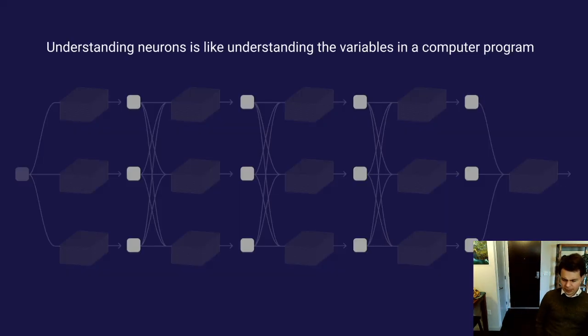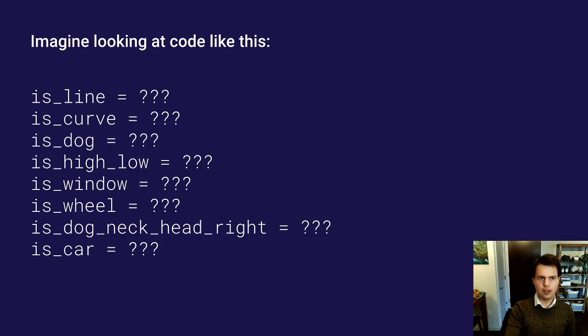And so when I think about this, I often think of understanding neurons in a neural network as being kind of like understanding the variables or the registers in a computer program, if you're trying to reverse engineer it. So imagine that I gave you some code that looked like this, and I told you there's a variable in the computer program called isLine, and isLine equals question mark.